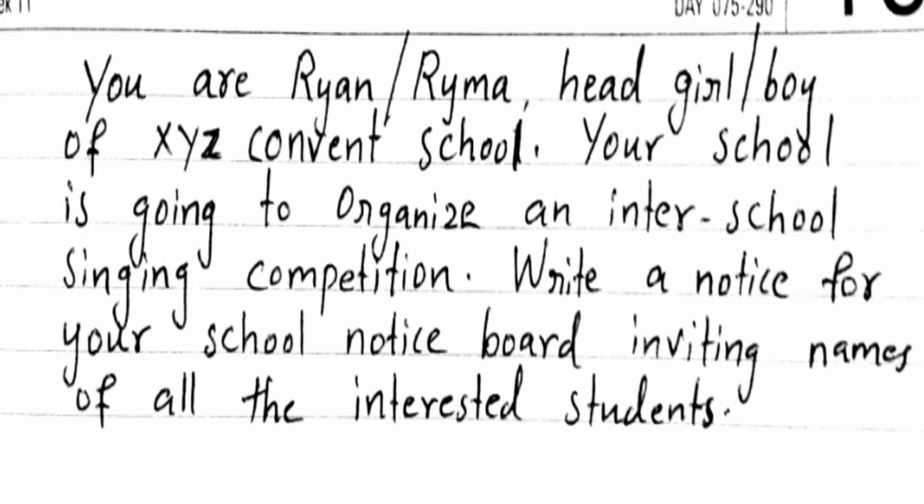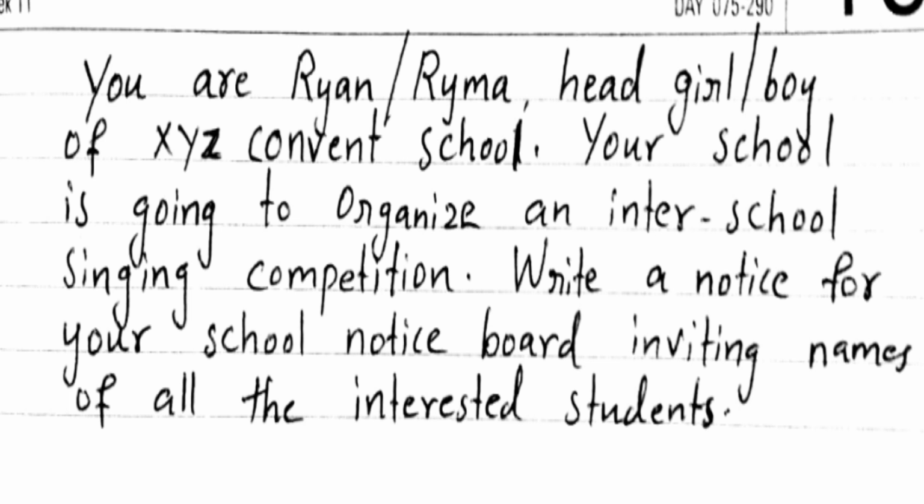Through this notice you are giving information to the students that there is an inter-school singing competition, so those who are interested can give their names. That is what you are going to publish in the notice. So looking at this question, you already got many pieces of information. You know who you are, meaning the person who is writing the notice.